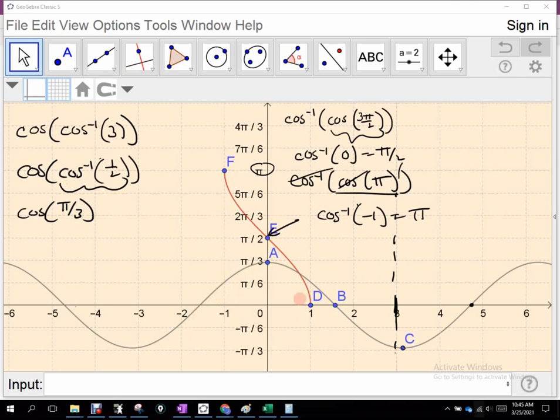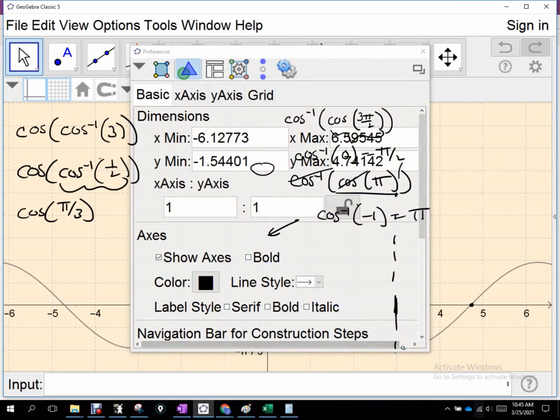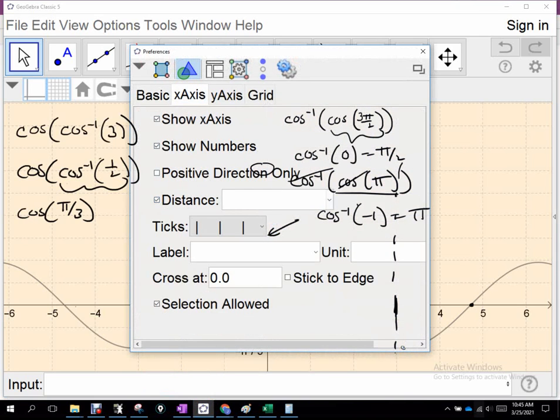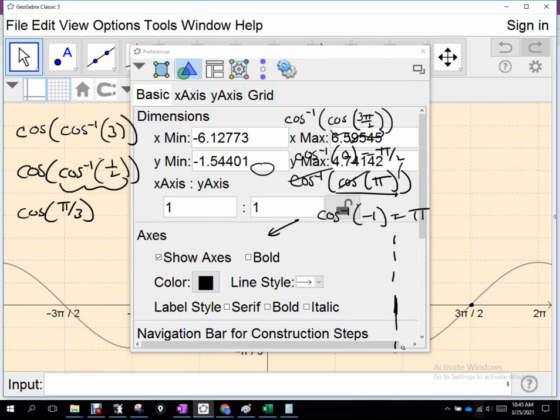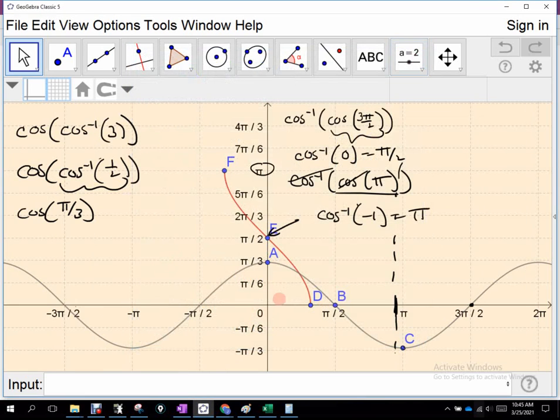Let's put it back into radians so we judge this a little bit easier. Pi over 3 is going to be about right here, isn't it? And cosine of pi over 3 is going to give me back the 1/2.